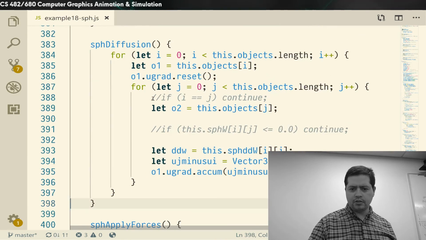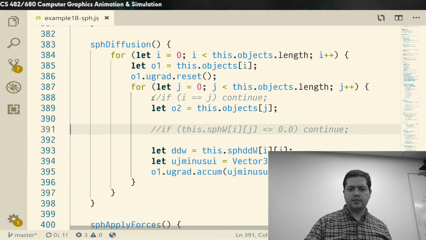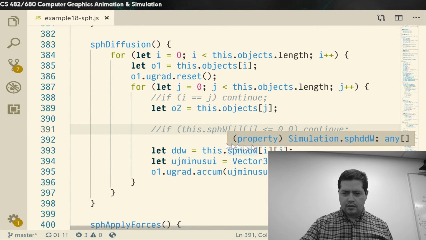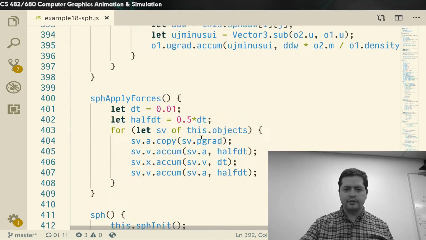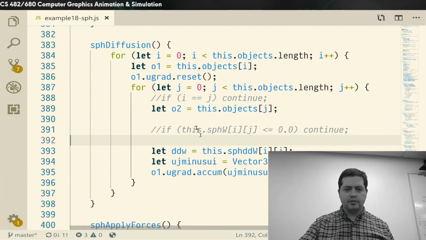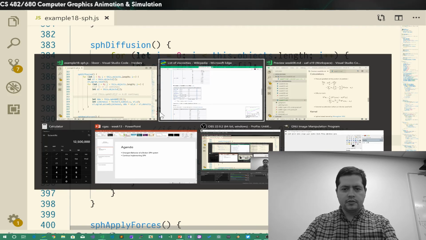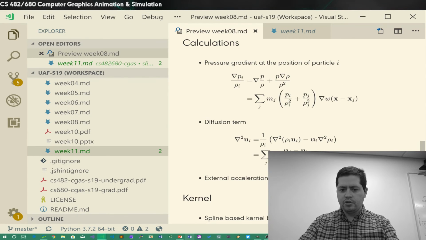Okay, so diffusion over here is, let's see here. The only thing we haven't applied is diffusion, and according to the equations over here, the diffusion term is the current velocity, so j minus i over rho times the Laplacian of xi minus xj.